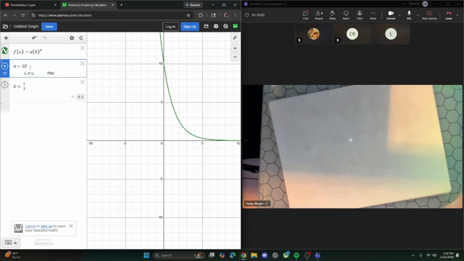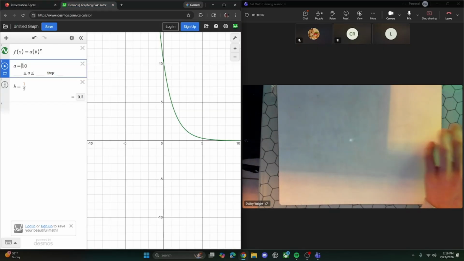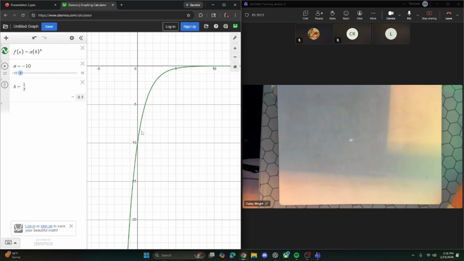What happens if I set a to be negative? If a is negative, the graph is just mirrored. So it's going to look like exponential growth the other way. But it's an increasing exponential because it's increasing the whole time.